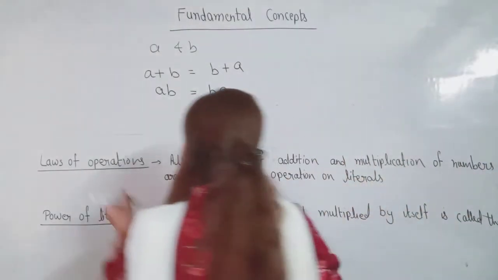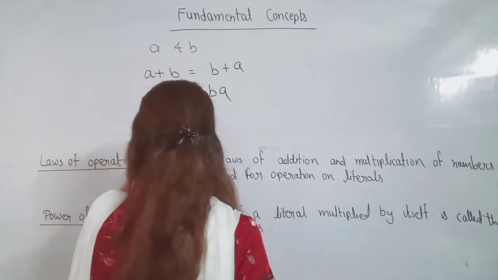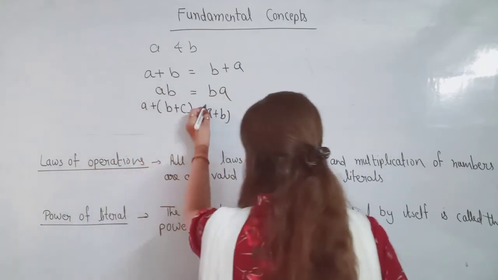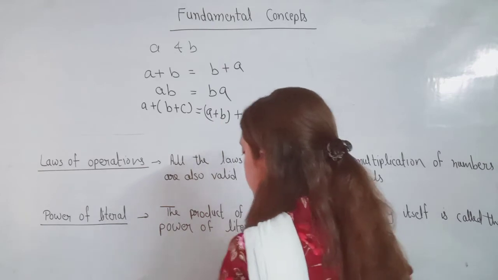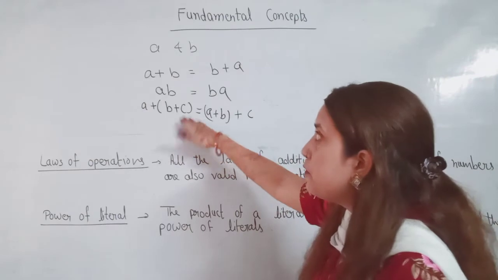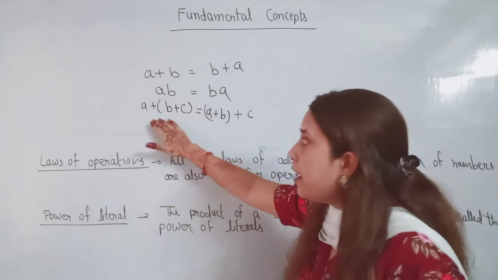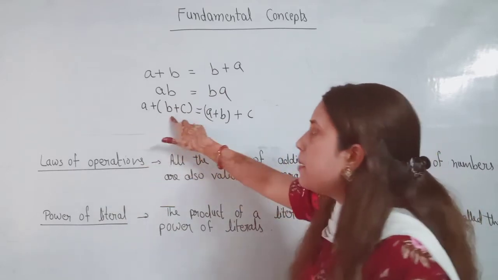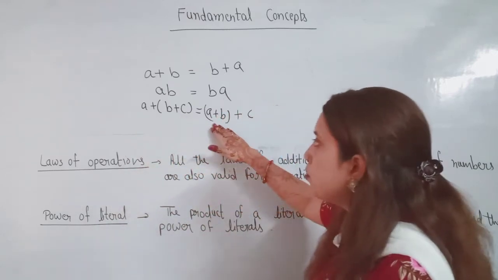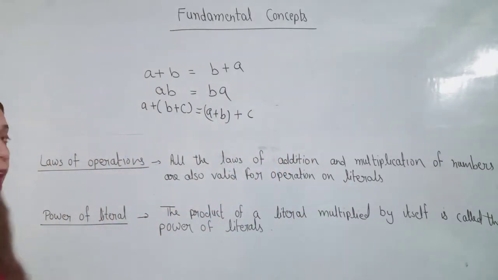And next you can say A plus B plus C is equal to A plus B plus C, associative law of addition. If we are having three variables, three literals A, B and C, the law of operation is A plus B plus C is equal to A plus B plus C. This is the associative law of addition.